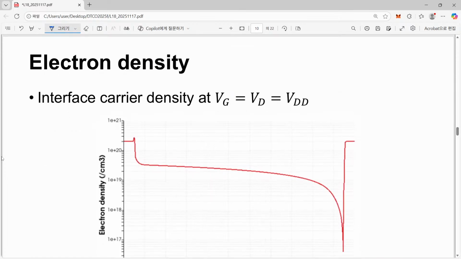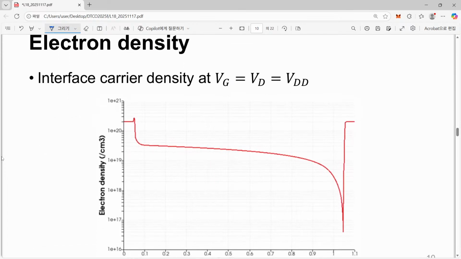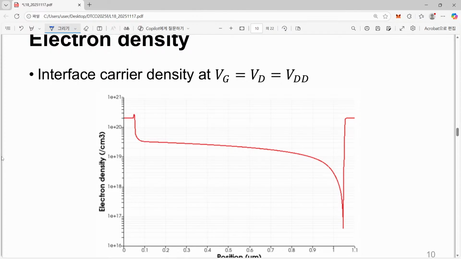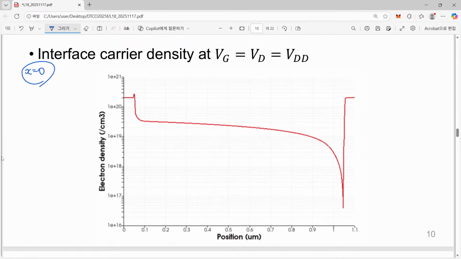Okay, now you can also draw the electron density. For example, here we have the x equal to 0 position. This is set as the interface between silicon and silicon dioxide, and you can draw just the interface carrier density.